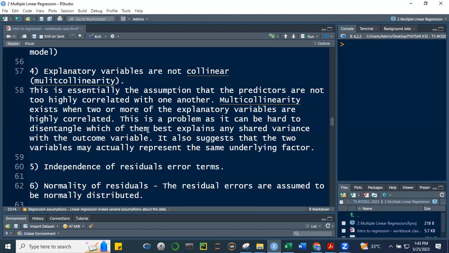Kasi parang wala naman madadagdag yung isang variable in explaining the other, since they're explaining the same thing. Very high correlation sila with each other.